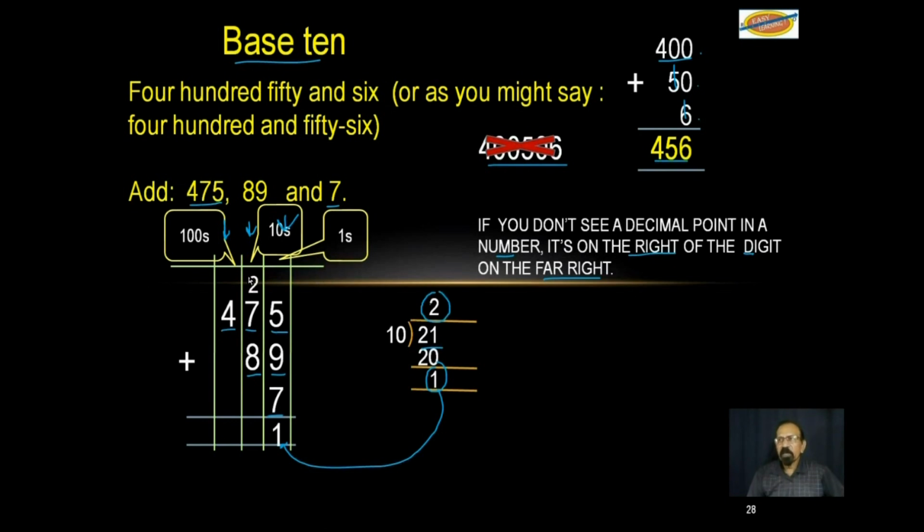So now you add, we are dealing with groups of 10, 8 and 7 and 2, and you get 17. You are told to cross out the 7 and put it in this column here. But the reason you do that is that this 17 is more than 10 groups of 10.